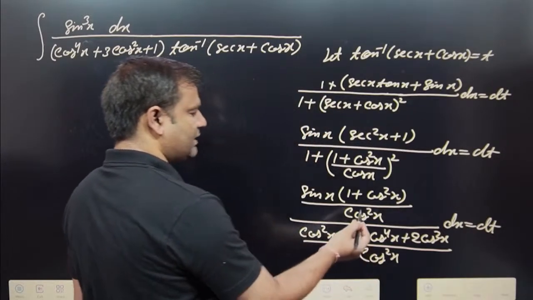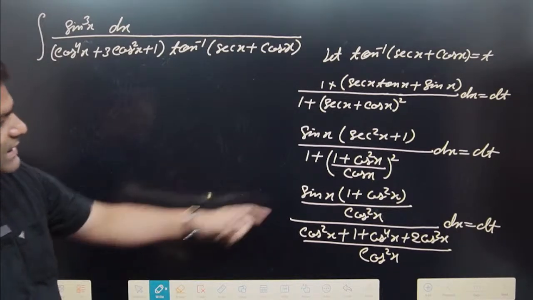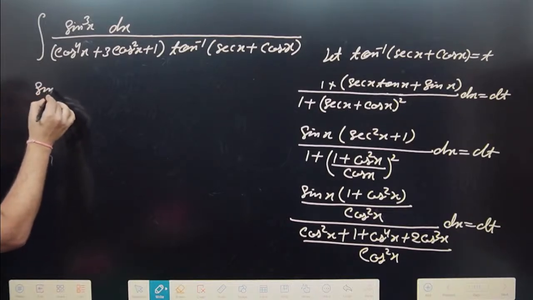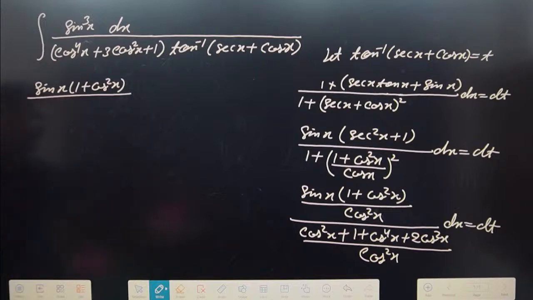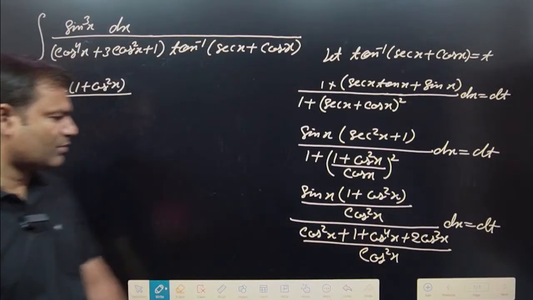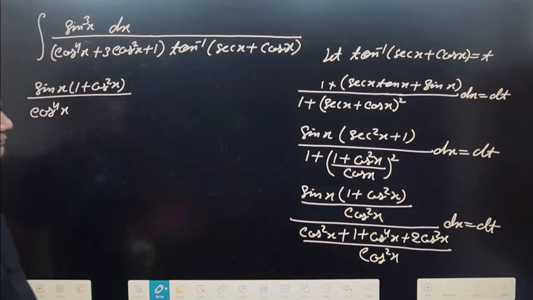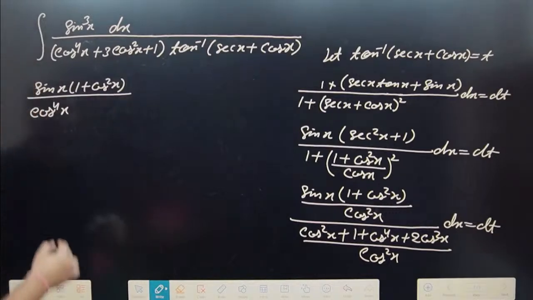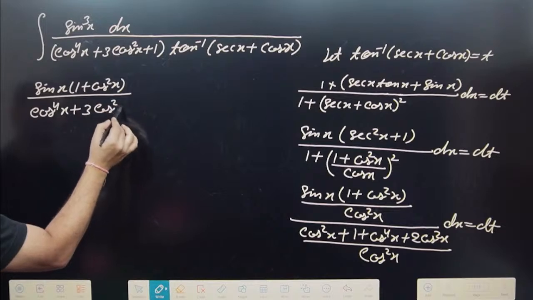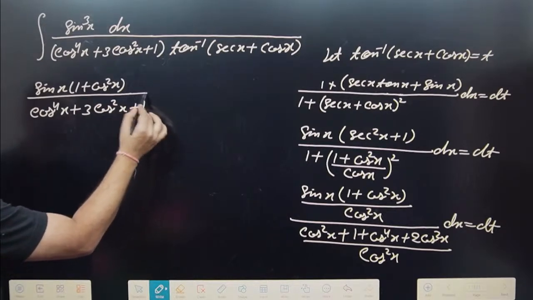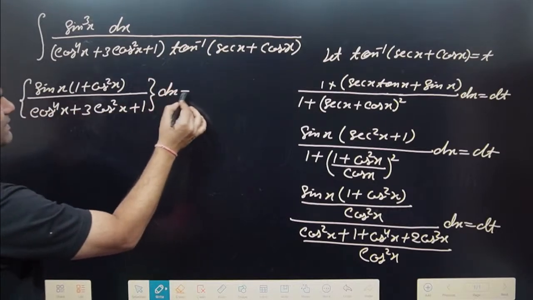The cos square x cancels out. After that, this one is sin x into 1 plus cos square x divided by cos to power 4 x plus 2 plus 1, that is 3 cos square x plus 1, into dx. This is equal to dt.